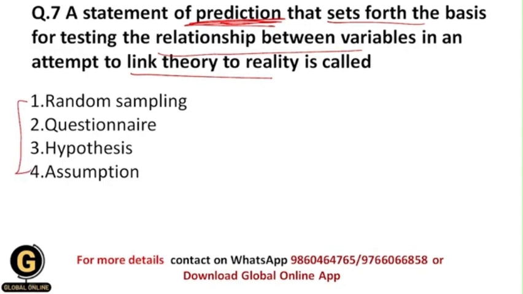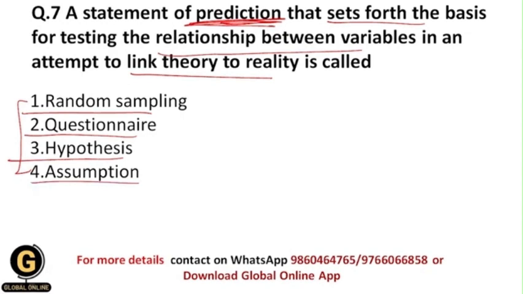This statement of prediction gives us a basic idea for testing the relationship between the variables, and we are going to test it because we need to understand the relationship of the theory to reality. We are going to link the theory to reality. So this kind of statement of prediction is called what? Whether it is random sampling, questionnaire, hypothesis, or assumption.